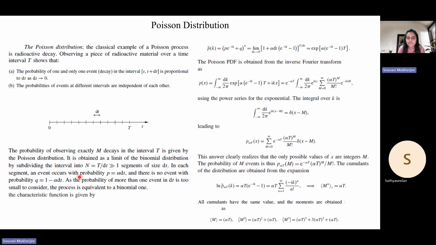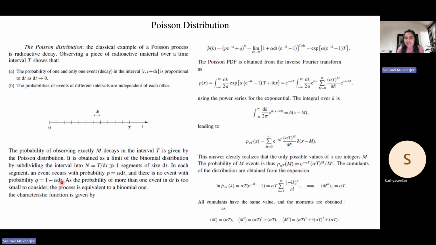So you define that the event occurs with probability alpha dt. If you compare with the last form, now your p becomes alpha dt. And the other option is that it does not happen, so q becomes 1 minus alpha dt. So for that particular time interval, it becomes like a binomial distribution.